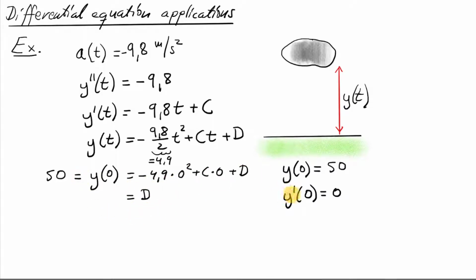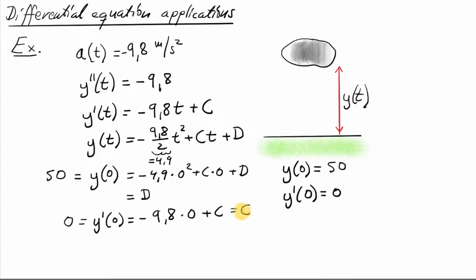And we can find out c by using this initial condition here. So we put 0 here. This becomes equal to c. On the other hand, this is equal to 0. So we see that c must be equal to 0.